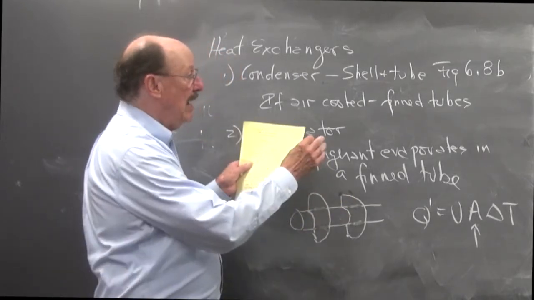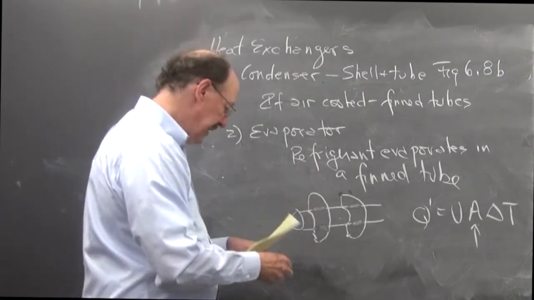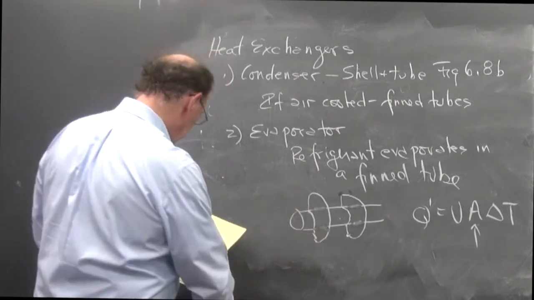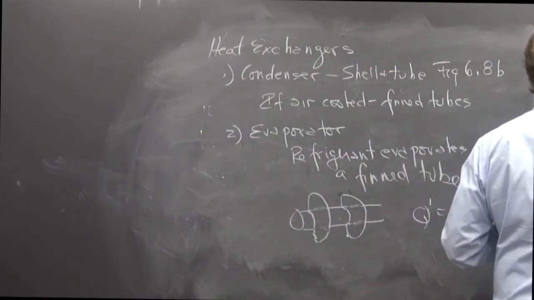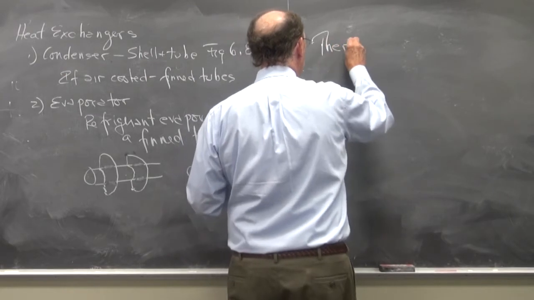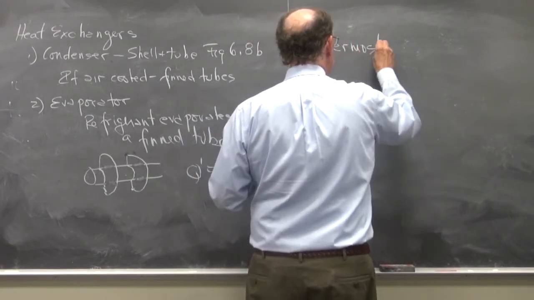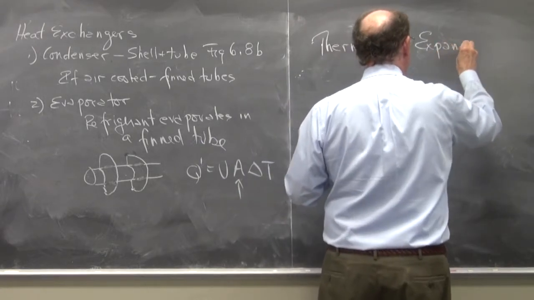Now let's say I want to look at the expansion valve. The expansion valve is interesting; it's figure 16.7 in the text, and we'll show you how it works. Thermostatic expansion valve.